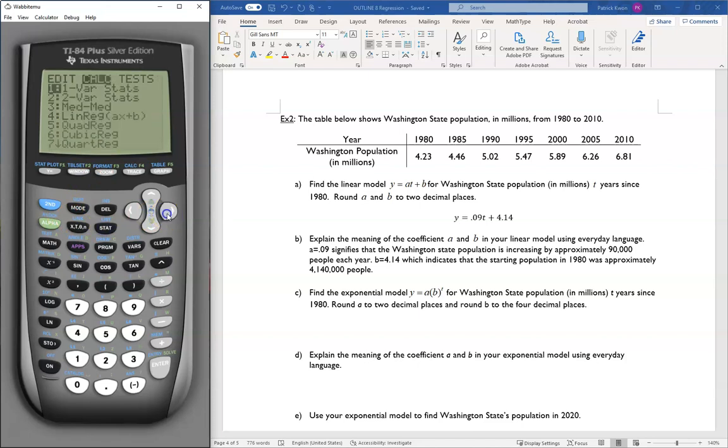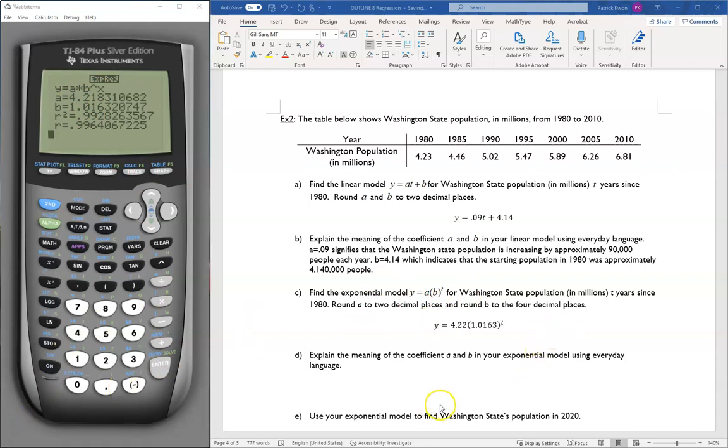So I'm going to go to stat, go over to calc, and then if you go down the list, our exponential regression is the 0 option. So I'm going to go ahead and click that and list 1 and list 2. So that's good. And then hit calculate. All right, so we have our equation there.